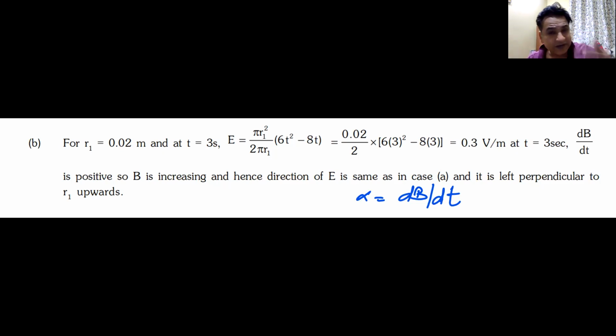So the electric field at any point inside is dB by dt into R by 2. The electric field at any point outside is R square by 2r into dB by dt. Will you remember this, beta? Yes, sir. Okay, so I hope we have covered this part thoroughly.